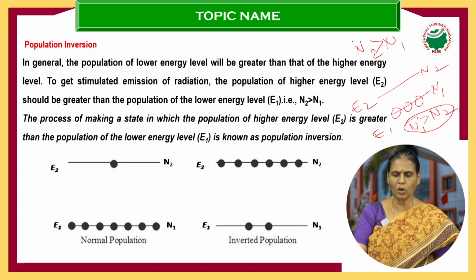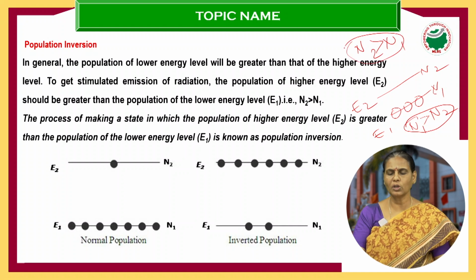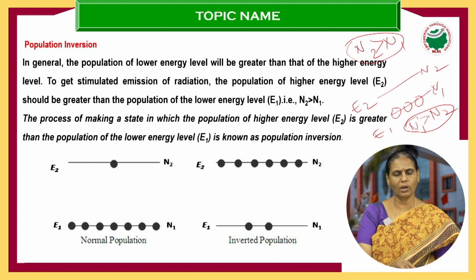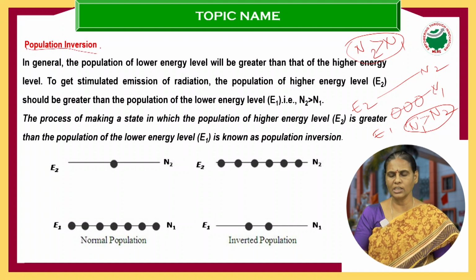Now, by some process, if you achieve this condition, N2 greater than N1, that particular phenomenon we call population inversion. Initially, N1 is greater than N2. By some process, we are making N2 greater than N1. We are inverting the population ratio.